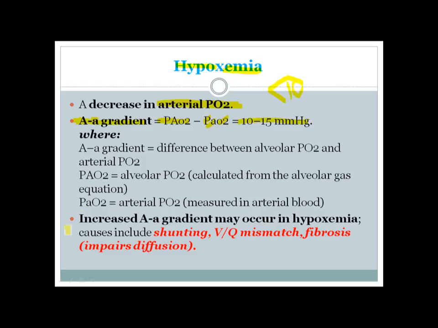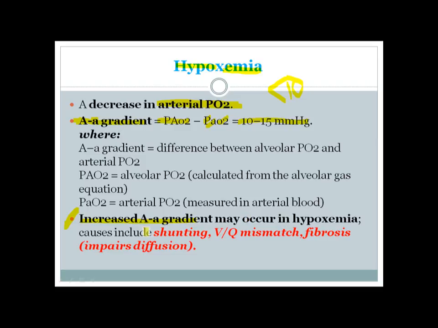And this A gradient can be increased in some situations where, for some reason, there is a defect in diffusion from alveolus to arterial blood. So for some reason, the alveolar oxygen cannot get into the systemic blood, which leads to an increased A gradient.